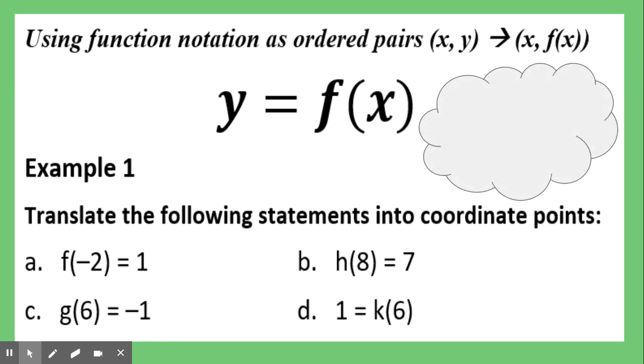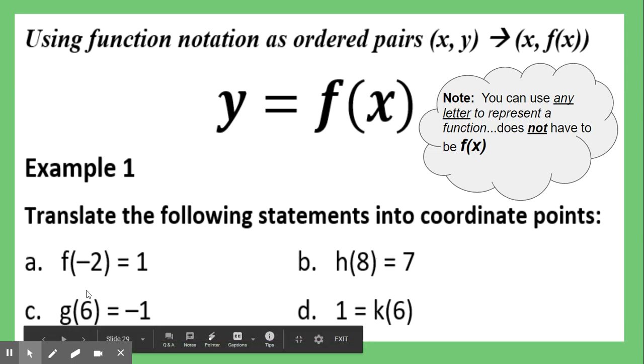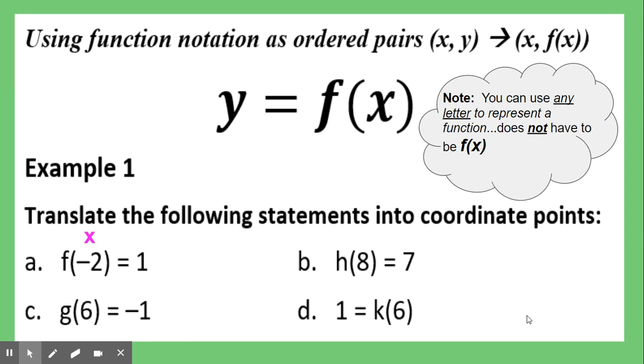Again, y is f of x. You can use any letter to represent a function. It does not have to be f of x. In the examples, you have f of x, h of x, g of x, and k of x. We're going to translate the following statements into coordinate points, in other words, ordered pairs.